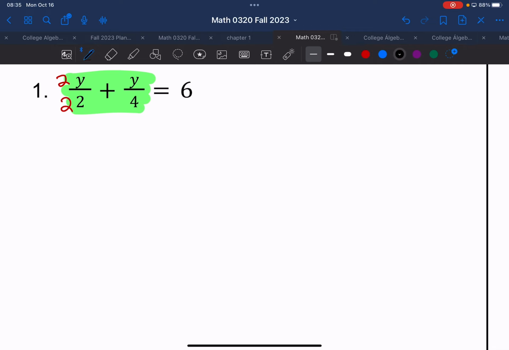If I simplify this, I have 2 times y, which is 2y, over 2 times 2, which is 4, and I bring down the other fraction in the rest of the equation. Now I have something with a common denominator. So what can I do to the numerators?